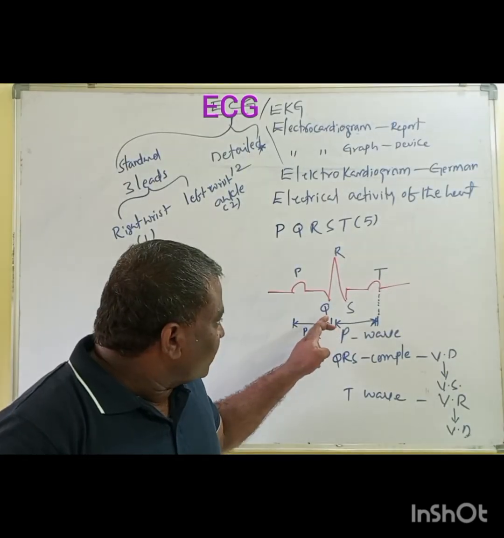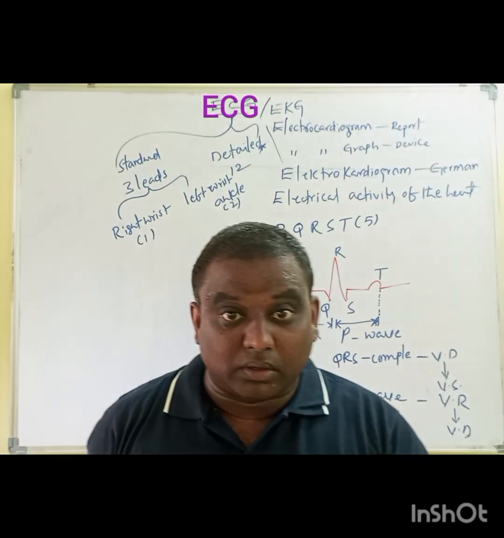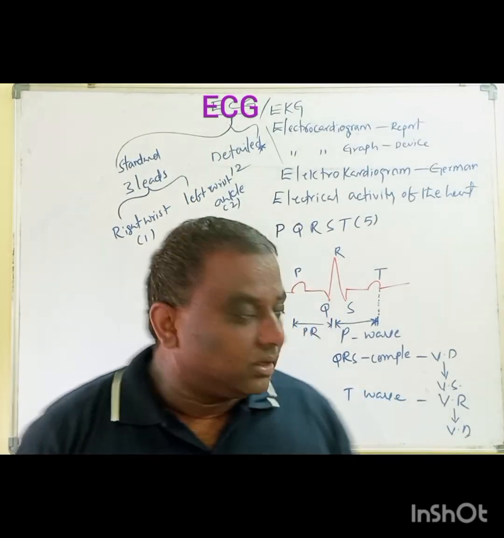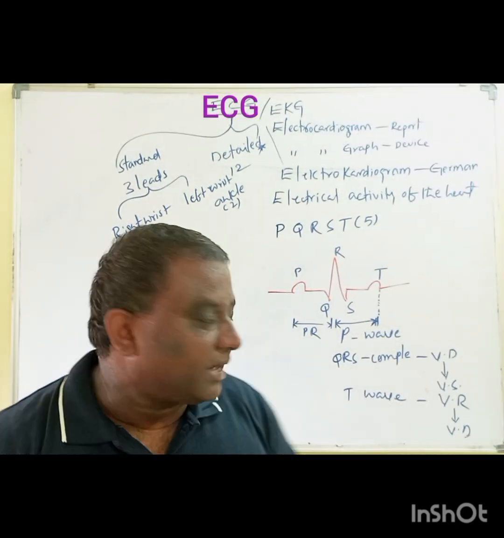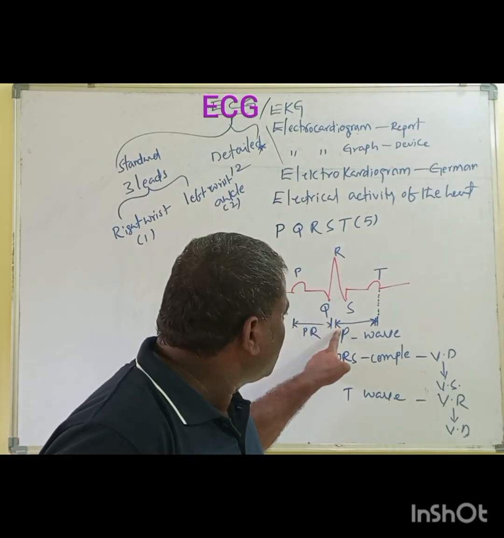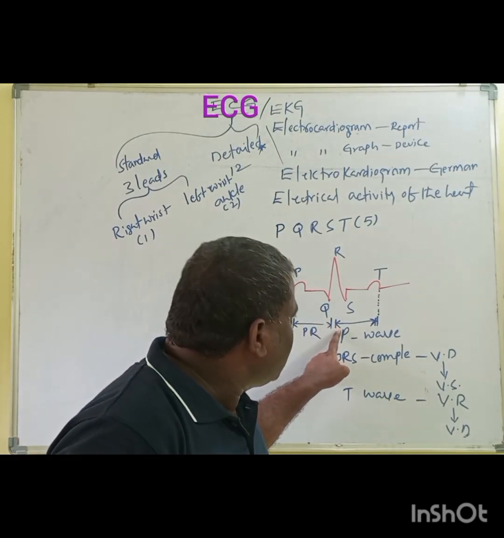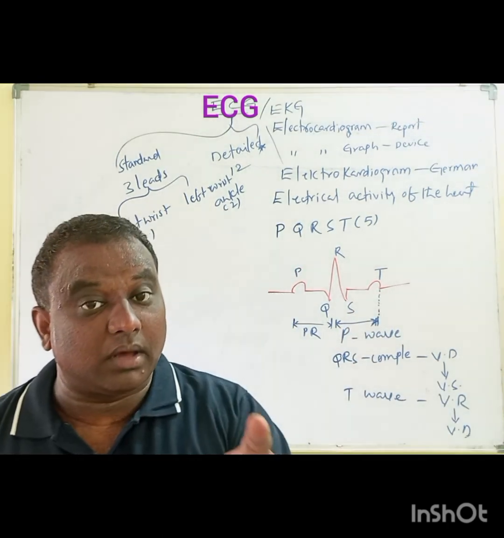The QRS complex represents ventricular depolarization, and that depolarization leads to ventricular contraction. This ventricular contraction starts shortly after the Q wave, and the end of the T wave marks the end of the ventricular systole.